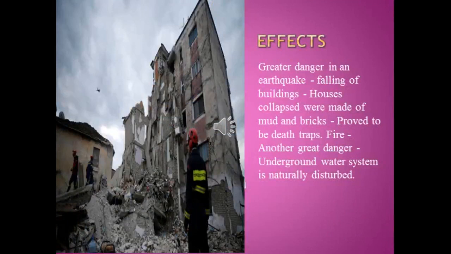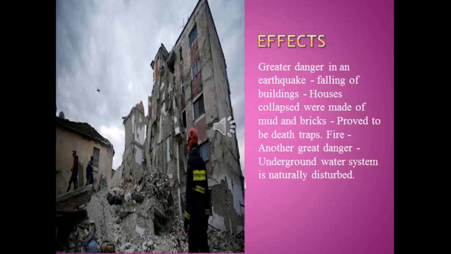Then another important effect is the falling of buildings. If it takes place in a flat area, that is in a plain or Deccan plateau area, it causes the falling of houses. Houses built of mud and bricks collapsed. Houses built with mud and bricks easily fall down.